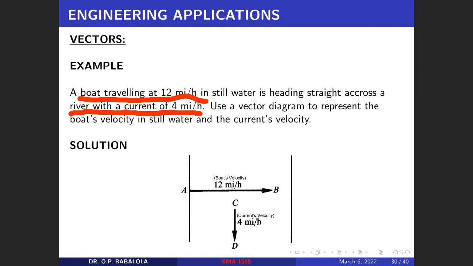There's actually something that the current may want to do on the boat. Yes, it may cause friction, and when there's friction, what happens to the speed of the boat? Yes, it reduces the speed of the boat.